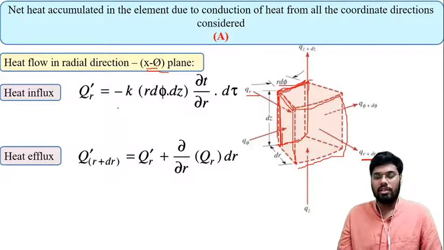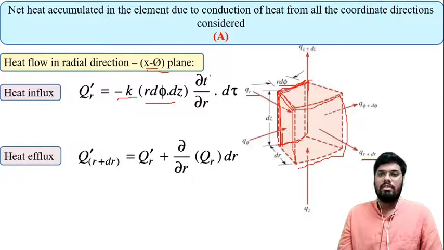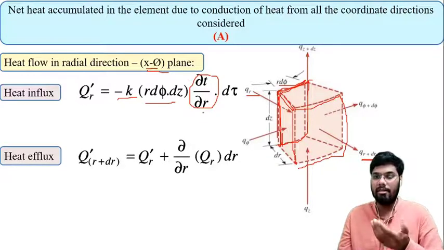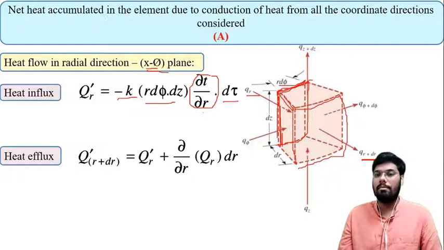So according to Fourier's law of heat conduction in one dimension, qr is minus k times area r d phi dz times the temperature rise del T by del r, because in Cartesian it is del T by del x, so here in the radial direction it is del T by del r, into the time interval d tau.